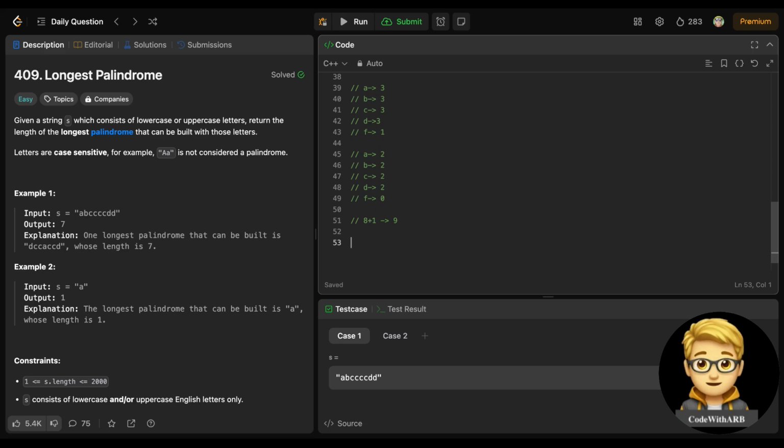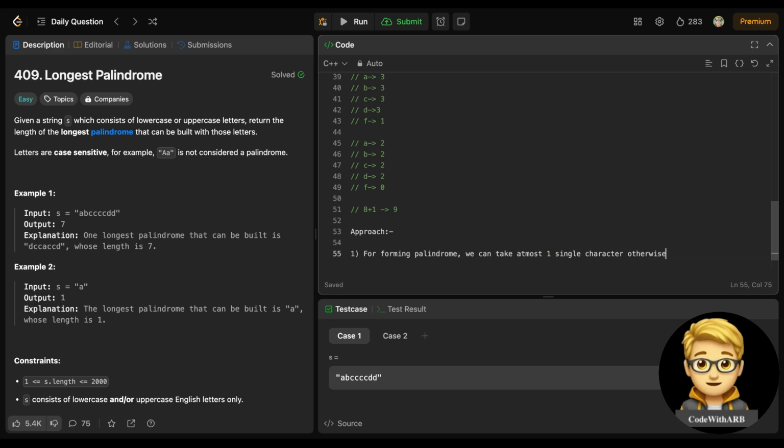So what will be the final approach? The first thing is that for forming a palindrome, we can take at most one single character.